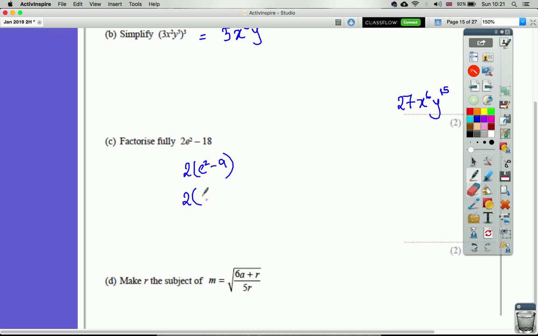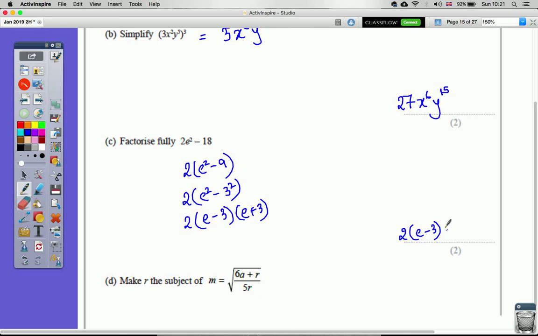So you can write e squared minus 3 squared, which is (e minus 3)(e plus 3). So your final answer is 2(e minus 3)(e plus 3).